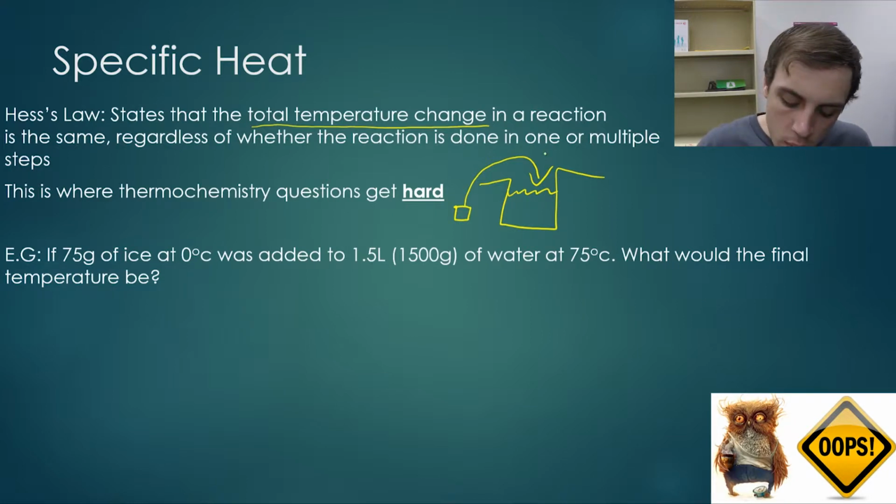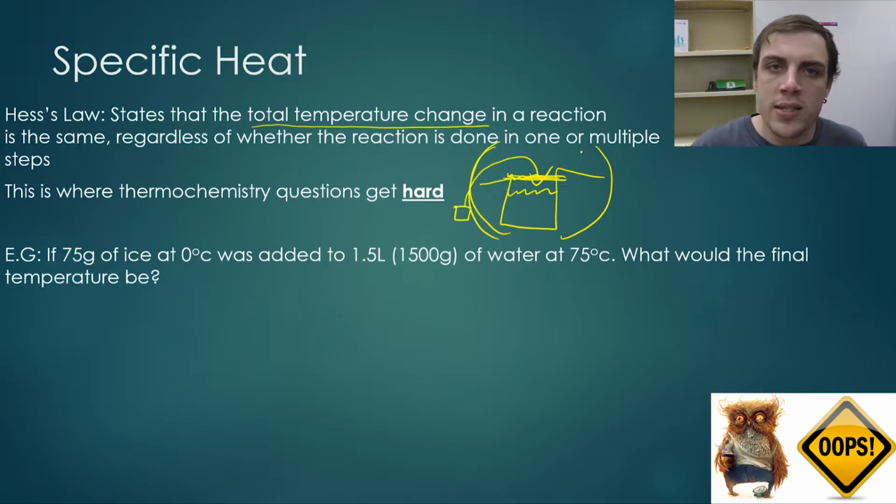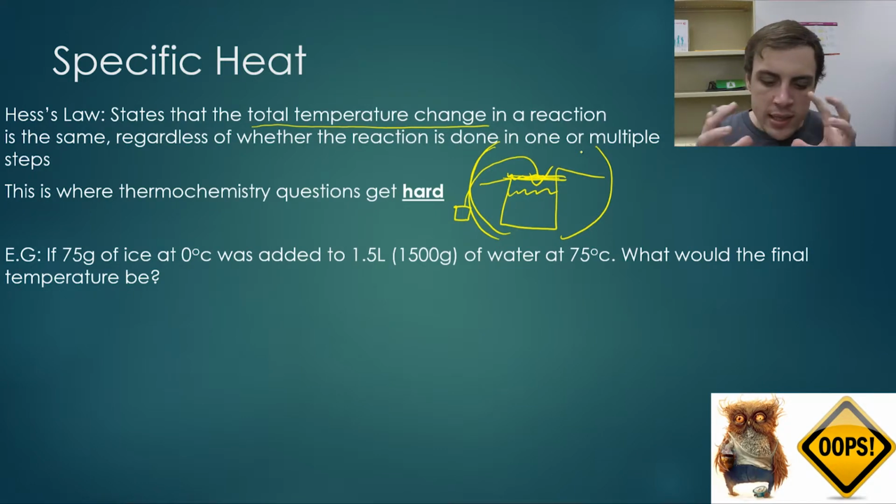With all questions like this, unless stated otherwise, we assume that there is a nice lid on the top and that no heat is lost to the surroundings. We're assuming it's not cooling down or heating up due to the external environment; it's all insulated inside.